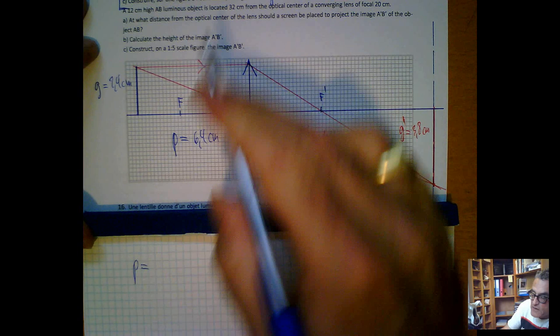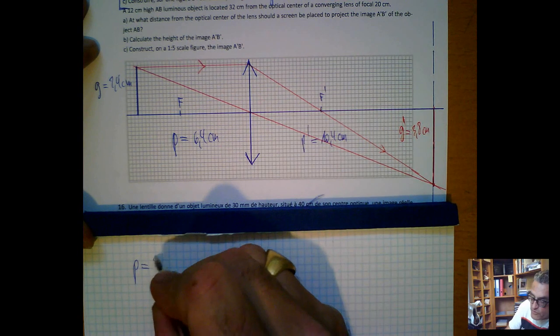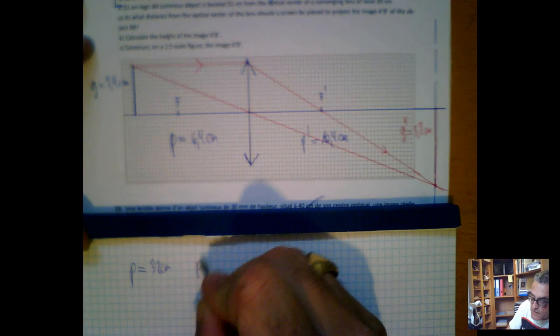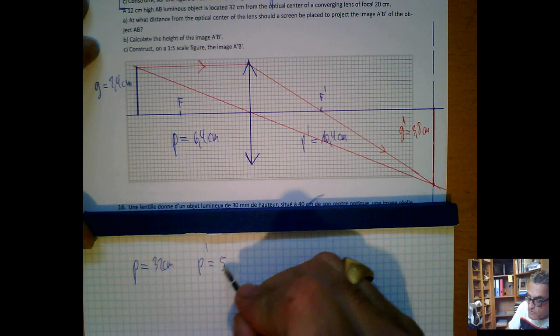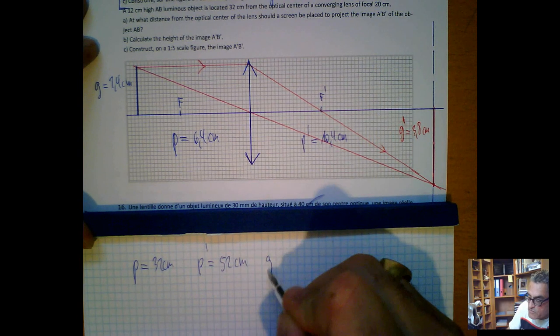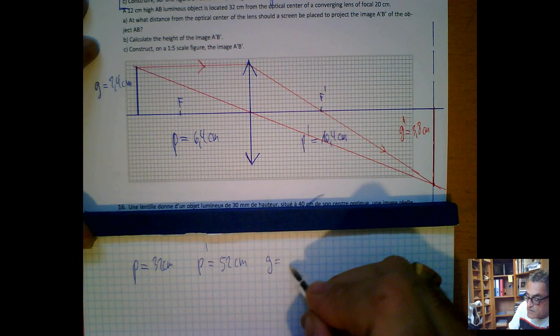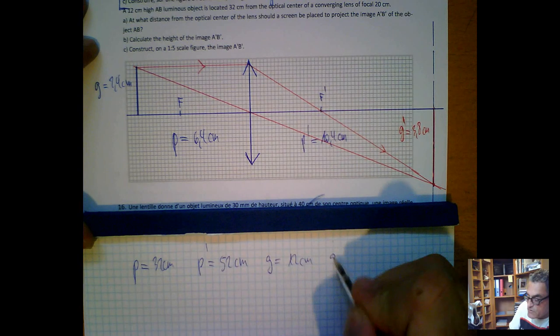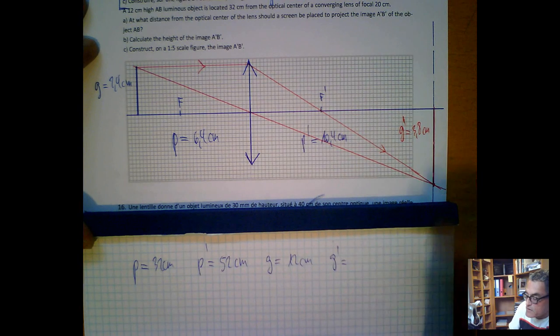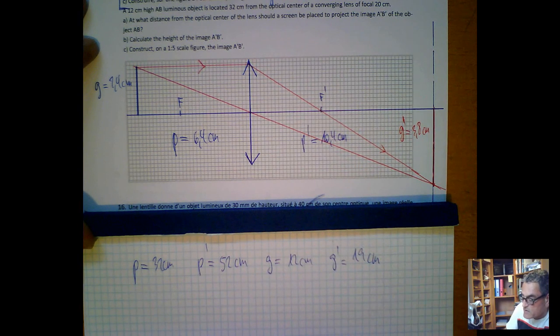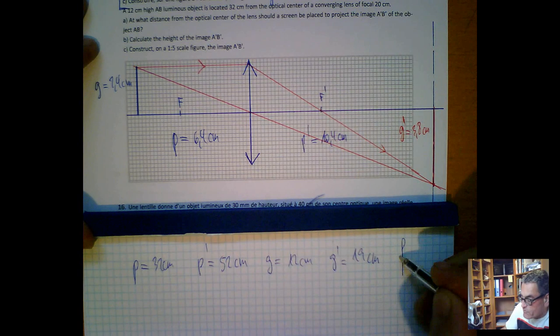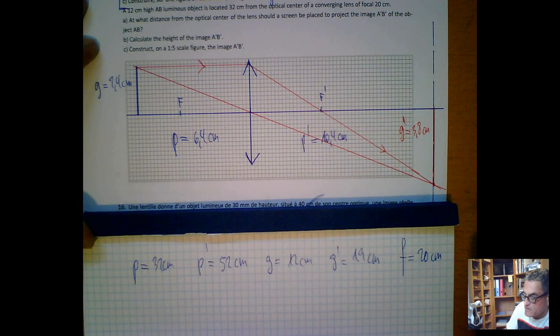So P is 32 centimeters. P prime, we just computed it, 52 centimeters. G is 12 centimeters. G prime is 19 centimeters. And the focal distance is 20 centimeters.